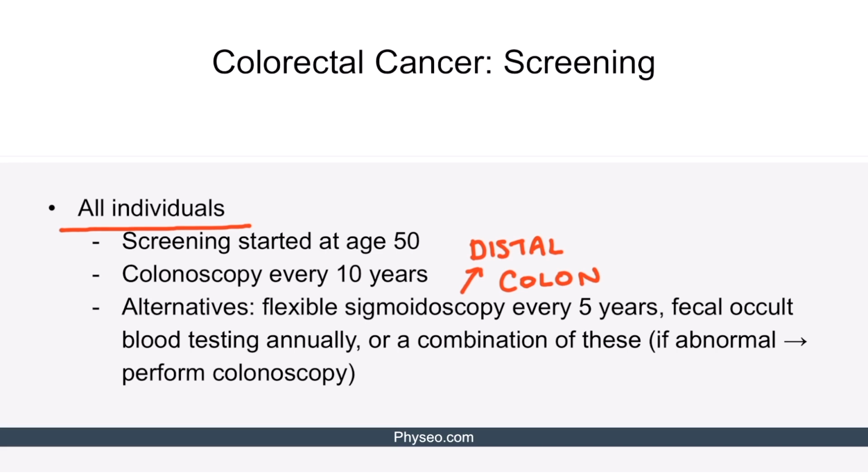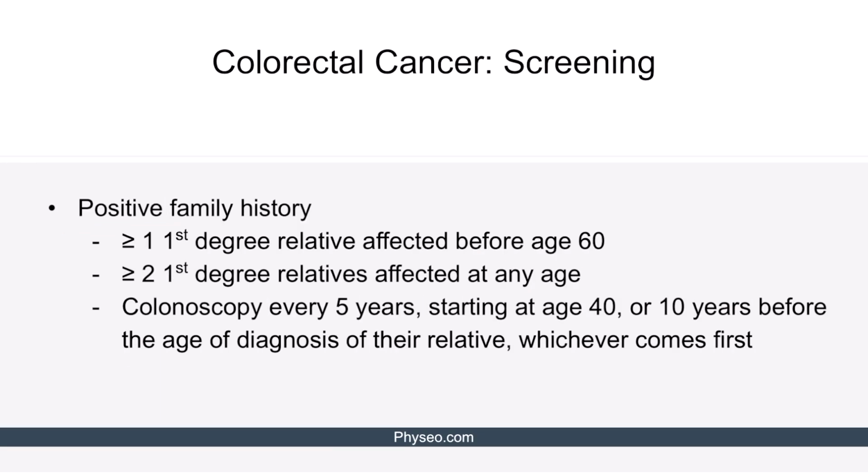So we just discussed screening in everybody, meaning those who don't have a strong family history of colon cancer. Now let's talk about if the patient does have a positive family history. Well, first let's define it. So a positive family history is defined as the occurrence of colorectal cancer or adenomatous polyps in one or more first-degree relatives before age 60.